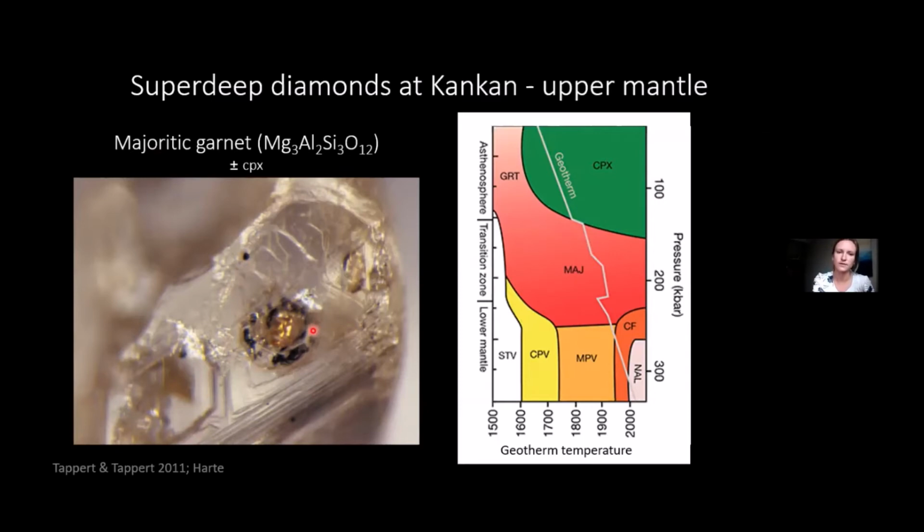And so this mineral is actually a very important constituent of the asthenosphere-transition zone, especially in basaltic portions of subducting slabs. So here's a modal estimate of the minerals that you find in a basaltic lithology, and you can see majorite makes up almost nearly all of these lithologies at transition zone depths.